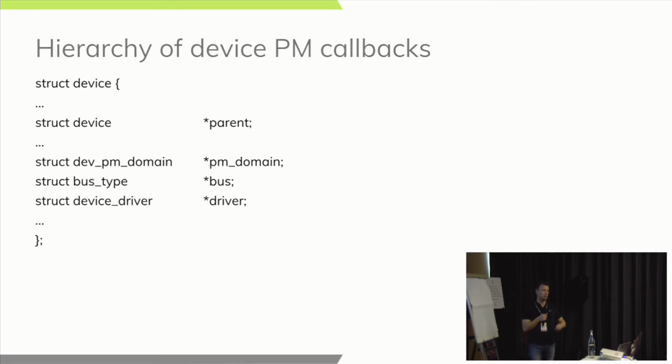And the highest level in the hierarchy is the PM domain, which can also have these struct dev PM ops. So it's not just one set of callbacks, it's a hierarchy of callbacks. It's even more complicated than this. If you said we had like 40 callbacks, that means we actually have 100 and a bunch of callbacks. It's quite insane.